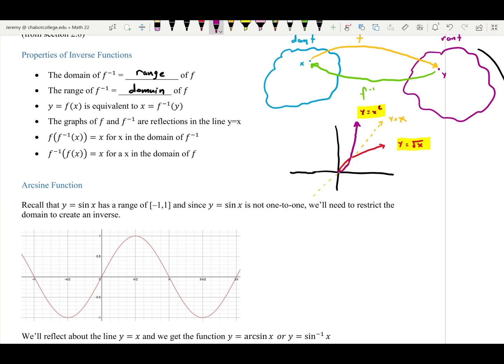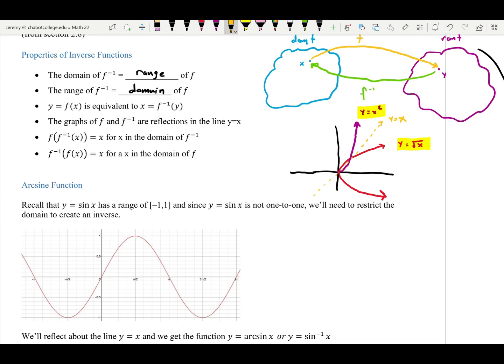Well, notice that if I included this left branch of the graph of y equals x squared, what happens when I reflect that over the line y equals x? Well, I end up with this down here, right? This branch would also be included in this graph of y equals the square root of x. And why is this a problem?